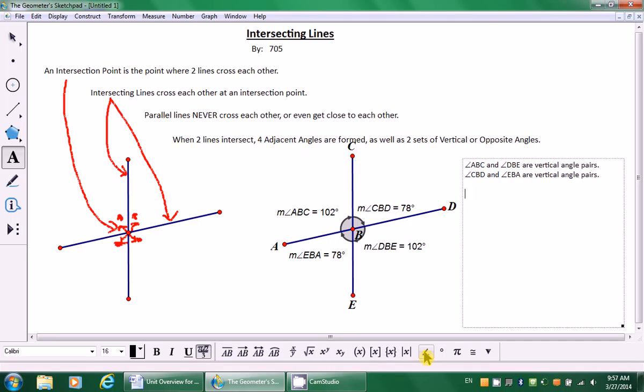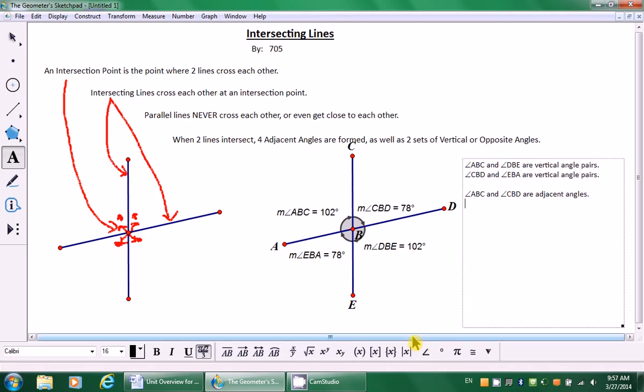Okay, I'm going to hit enter twice so I have a little separation here. Now let's talk about the relationship between this angle and this angle. Well, they're not vertical angles, they're not opposite angles, they are adjacent angles. So angle ABC and angle CBD are adjacent angles.